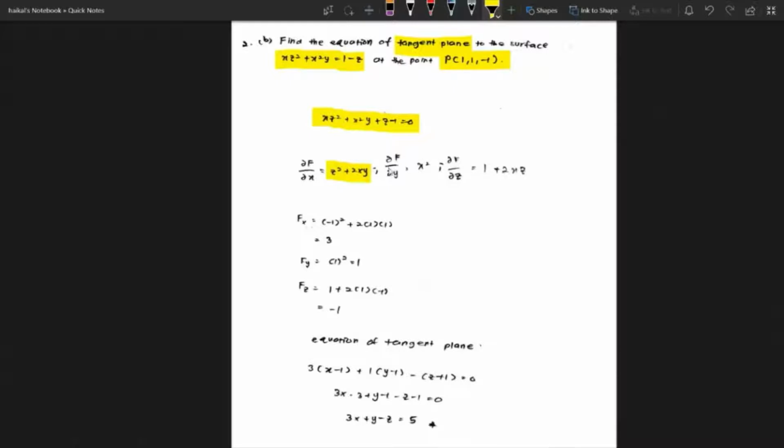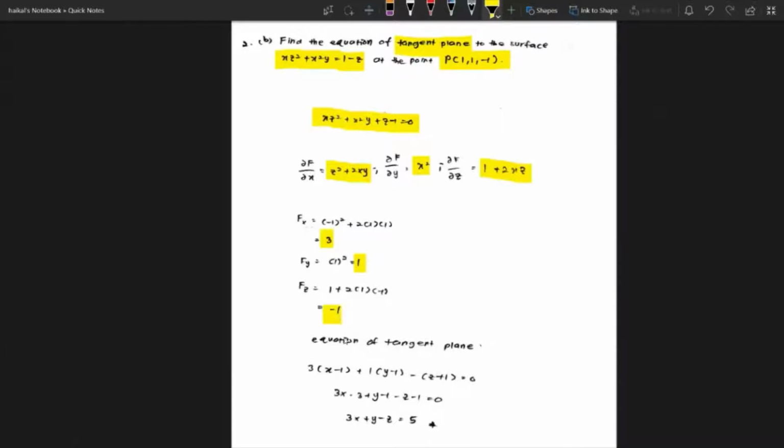For partial f over partial y, we get x square. For partial f over partial z, we get 1 plus 2xz. So when we put the point into the partial f over partial x, we get 3. For partial f over partial y, we get 1. And partial f over partial z, we get negative 1.